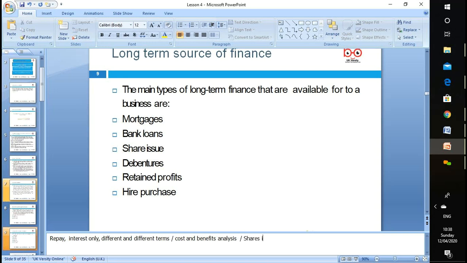Share issues, yes, shares. We have two types of shares, and we can issue shares if we are a limited company.